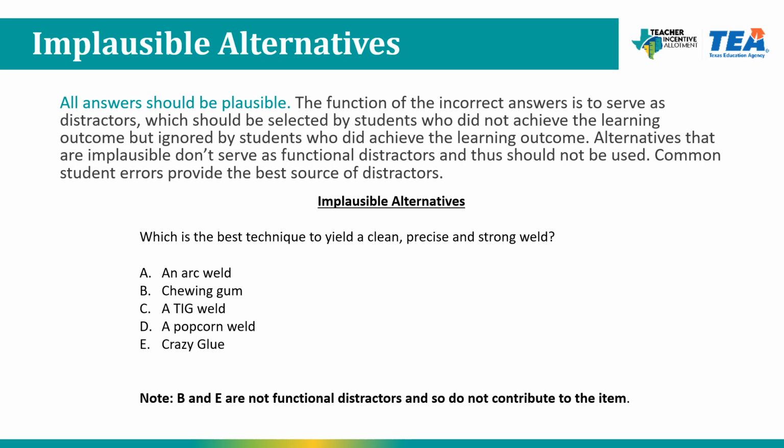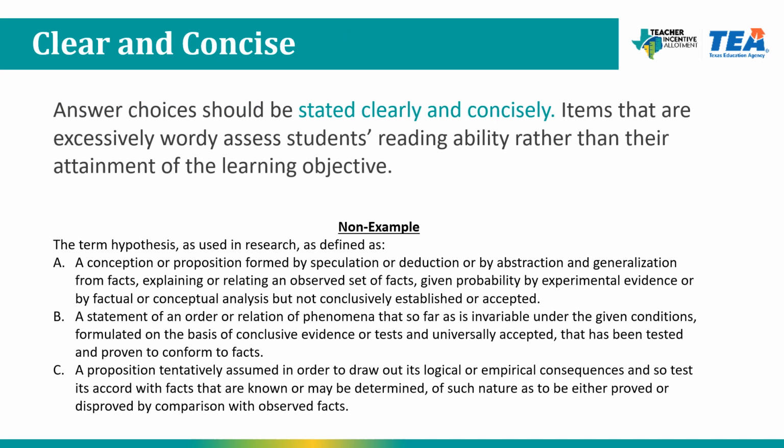comprehension or skills. When constructing answer choices, clarity and conciseness are pivotal. Overly wordy options tend to assess a student's reading ability rather than their grasp of the learning objective. While longer choices might be acceptable in reading-focused courses, in most cases, they hinder the assessment's aim. For instance, consider the non-example with long paragraphs defining the term hypothesis in research.